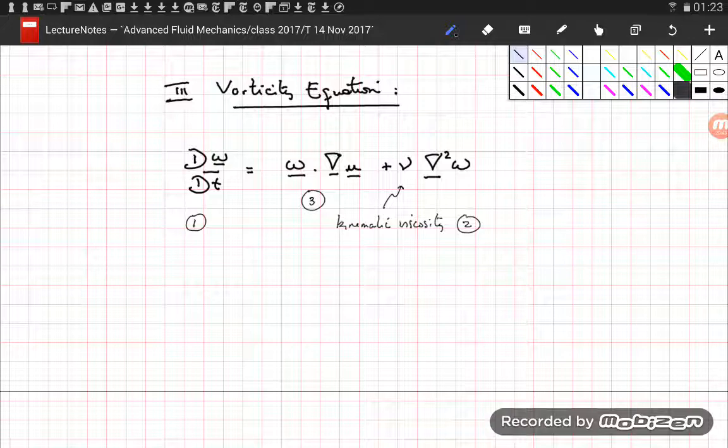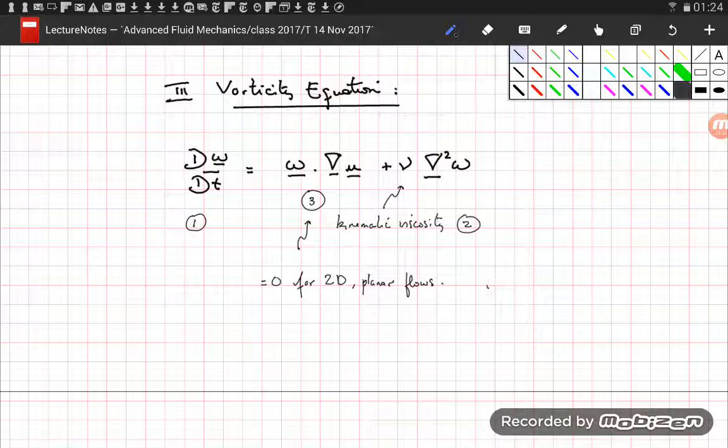If you take a class in turbulence, you will discuss this term in more detail. In advanced fluid dynamics, we will not really discuss this term all that much, because we mostly look at two-dimensional flows, and for two-dimensional planar flows, this term is equal to 0. So we won't discuss it in too much detail.